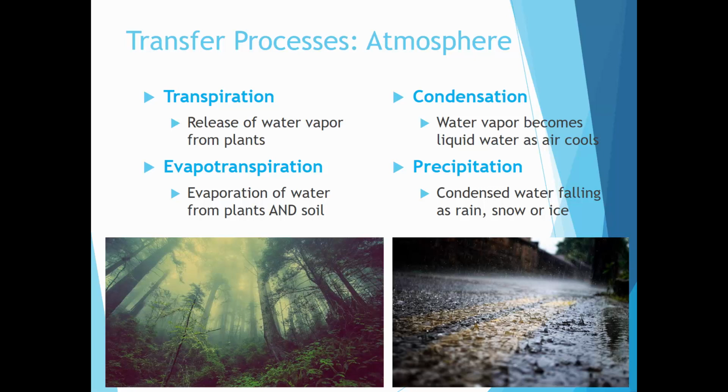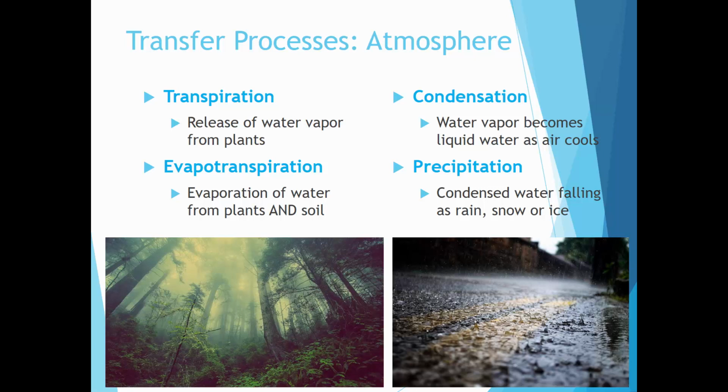And so plants take water from the soils, they use it to create sugars, and then they release water vapor from their leaves, which helps to cool them. That's transpiration. A more all-encompassing term is evapotranspiration. That's evaporation of water coming from plants and soil surfaces.